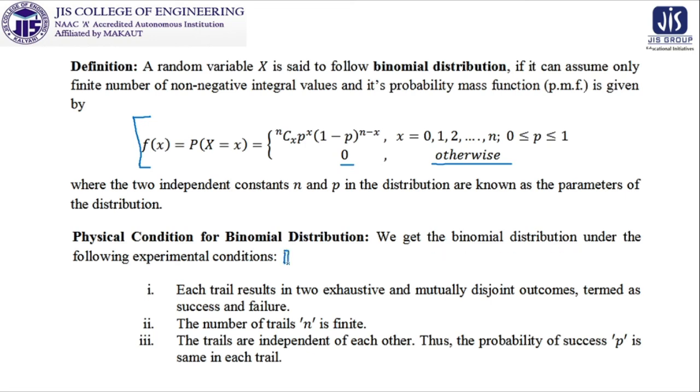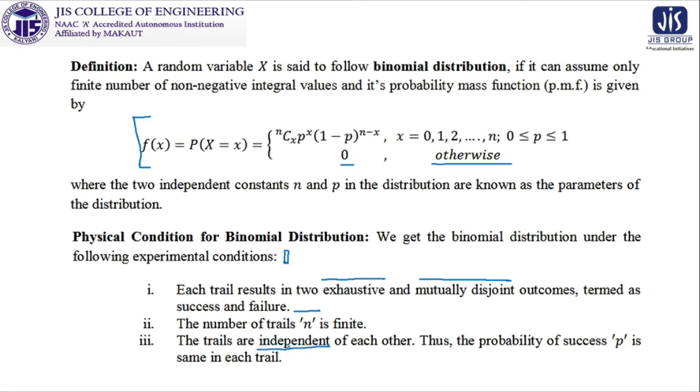Now the physical conditions for the binomial distribution: we get the binomial distribution under the following experimental conditions. Each trial results in two exhaustive and mutually disjoint outcomes termed as success and failure. They have to be exhaustive and also mutually disjoint. The number of trials, n, has to be finite, and the trials are independent of each other.